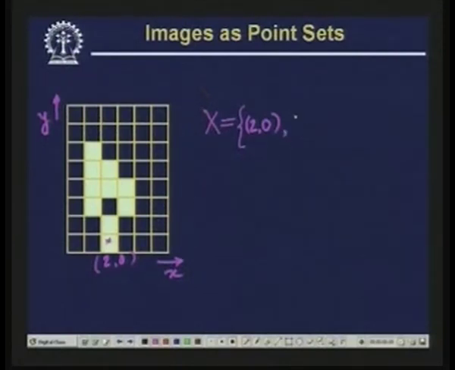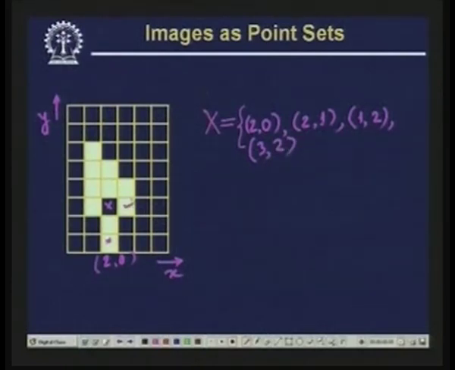Similarly, the point 2, 1 is also a member of this set X. The point 1, 2 is also a member of this set X, but point 2, 2 is not a member, because this pixel is a black pixel and it belongs to the background, whereas the point 3, 2 is a member of this set.